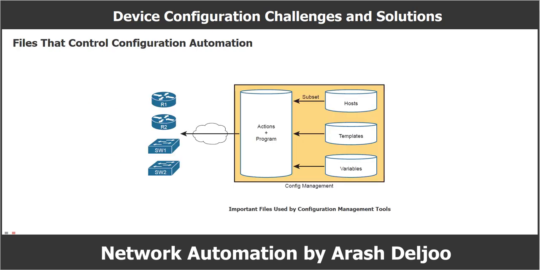Now let me explain the files that control configuration automation. Configuration management tools also provide different methods to define logic and processes that tell the tool what change to make to which device and when. For instance, an engineer could direct a tool to make a change during a weekend change window. That same logic could specify a subset of devices.